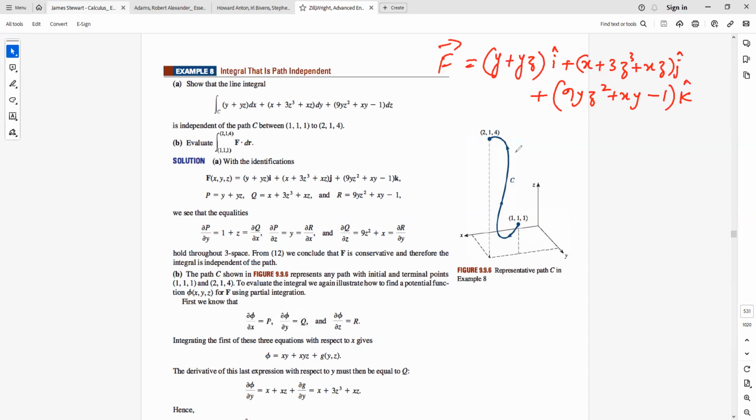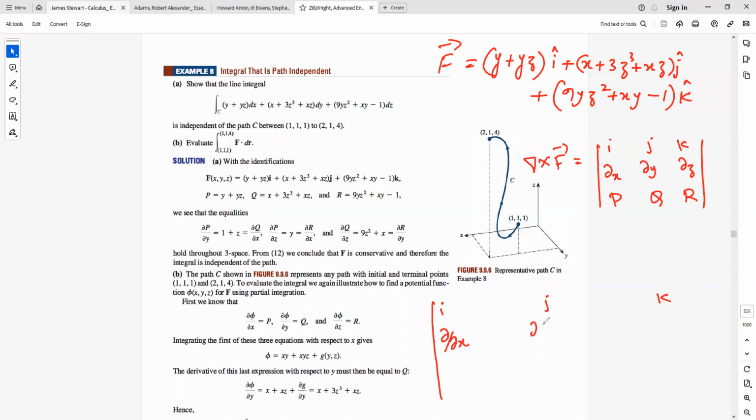So we can find the curl, that is del cross F, given by this determinant: i, j, k, partial over partial x, partial over partial y, partial over partial z, and the functions P, Q, and R. So we can write here, this is i, this is j, this is k, this is partial over partial x, partial over partial y, partial over partial z.